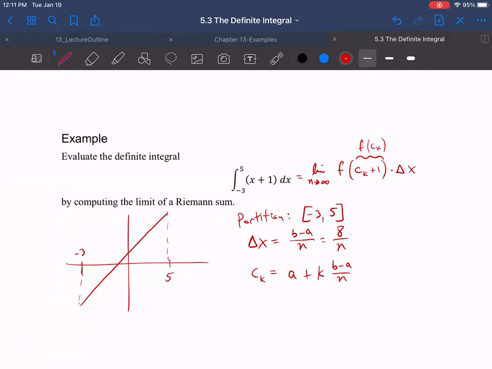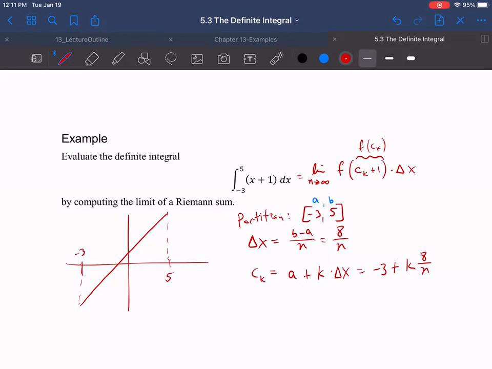In this case, a is -3, because this is a and this is b. So this is a, -3, plus k times our delta x, 8/n. You could even write this as just k times delta x, if that helps you connect the two. It's up to you; it's the same thing.